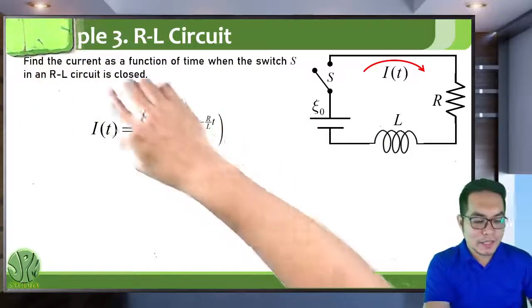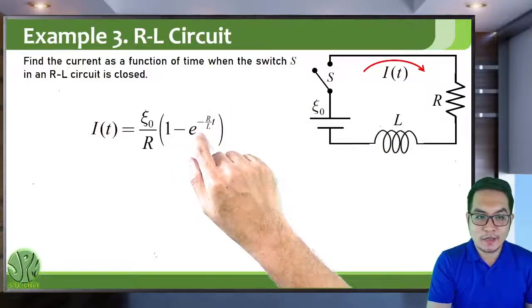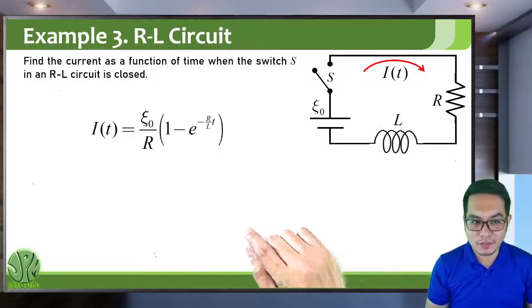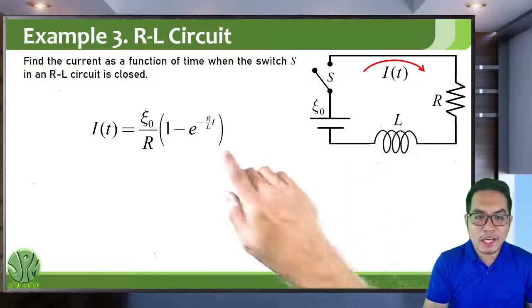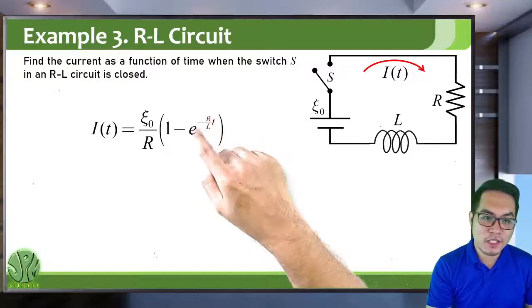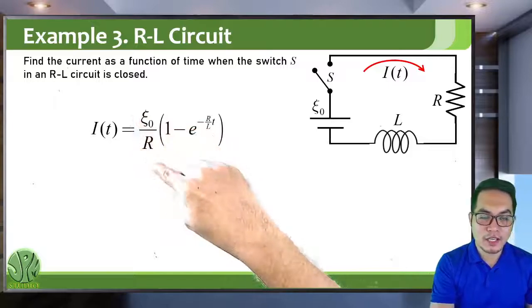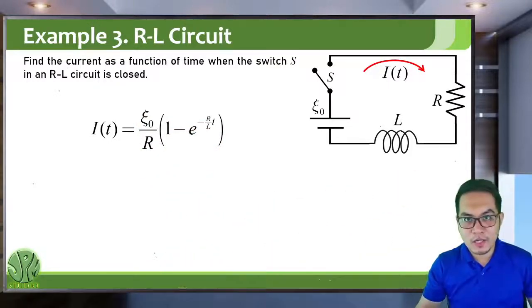You will notice that at time equal to 0, e to the 0 is 1, so you have 1 minus 1, 0, so the current is 0 at the start. And at a later time, as time approaches infinity, you will have e to the negative infinity, which is 0. So E naught over R is the final value of the current, when the current no longer increases.